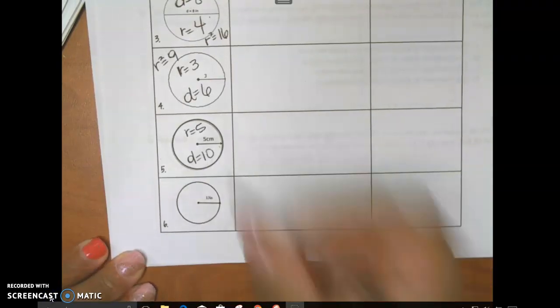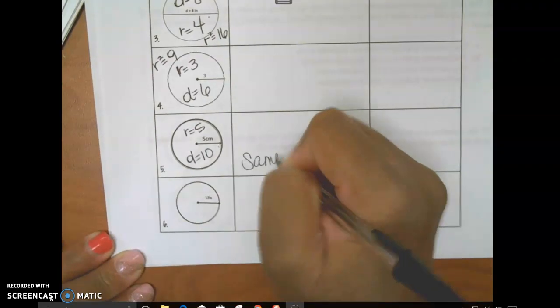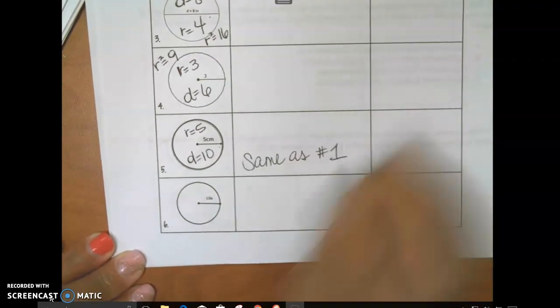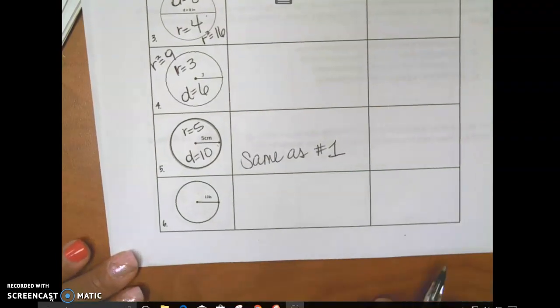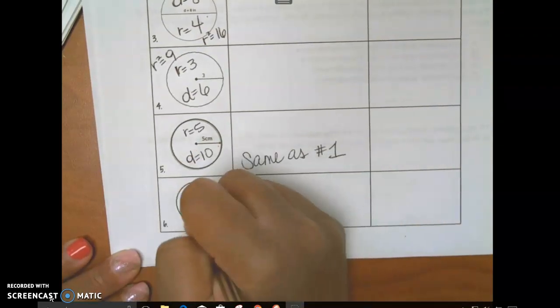Radius is 5. And diameter is 10. Where have we seen this before? On question number 1. You don't have to repeat that. It's already been done. For number 6, what have they given me? Radius or diameter? Radius is 13. What is the diameter? 26. And what is my radius squared? Good.